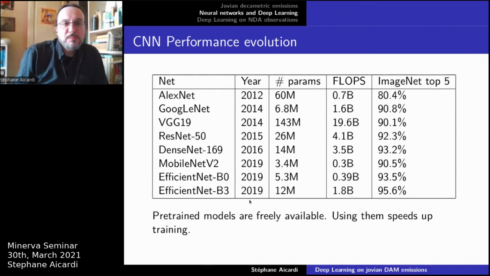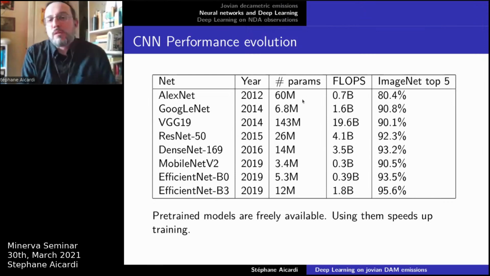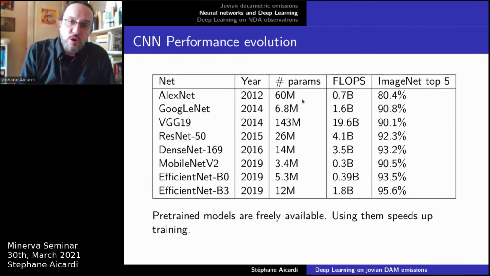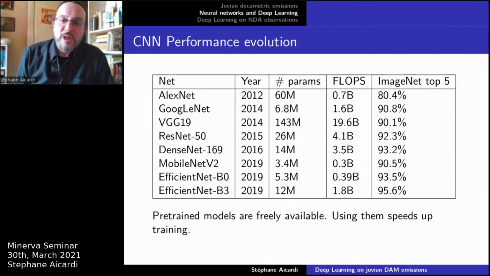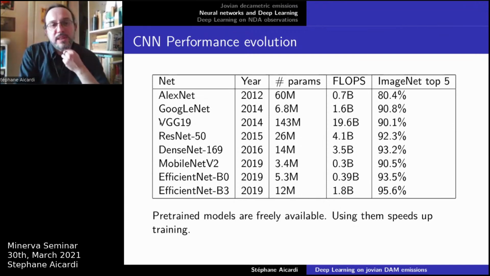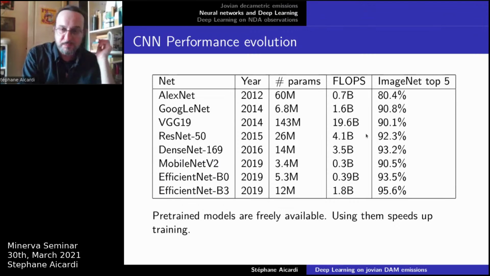Here is some performance evolution. So first, AlexNet, we have lots of parameters, not so many flops, and a result that was marvelous at the time, but it's really way behind what we can do now. If we compare GoogleNet and VGG, we can see that VGG is really huge in terms of parameters and in flops.